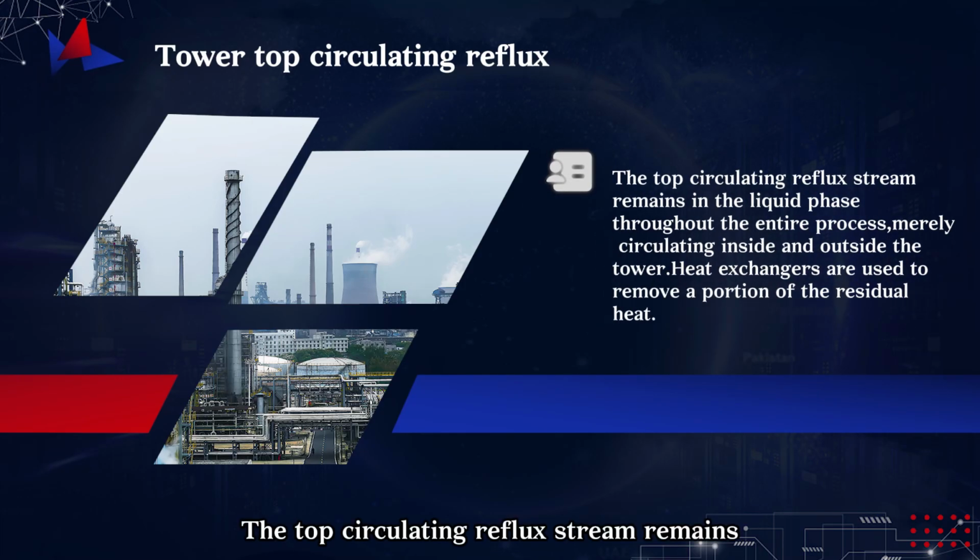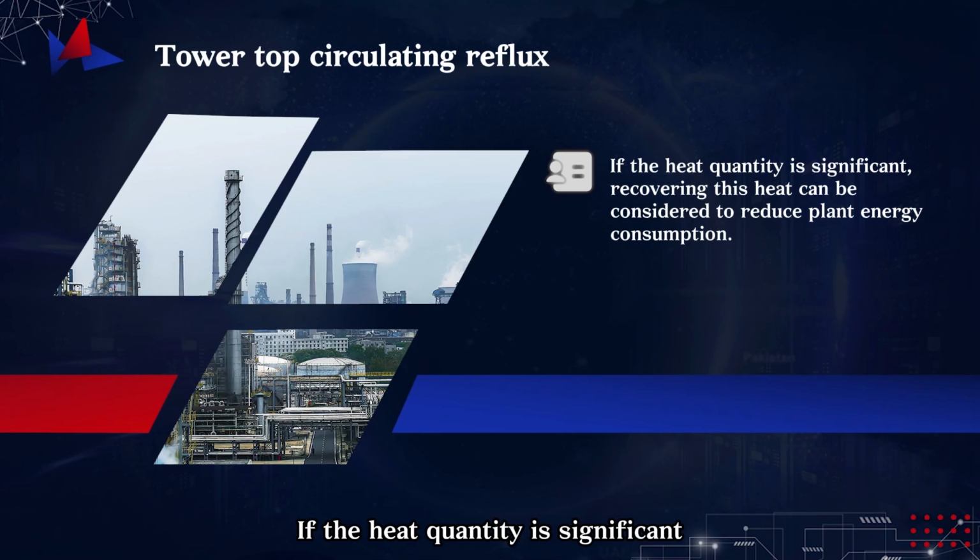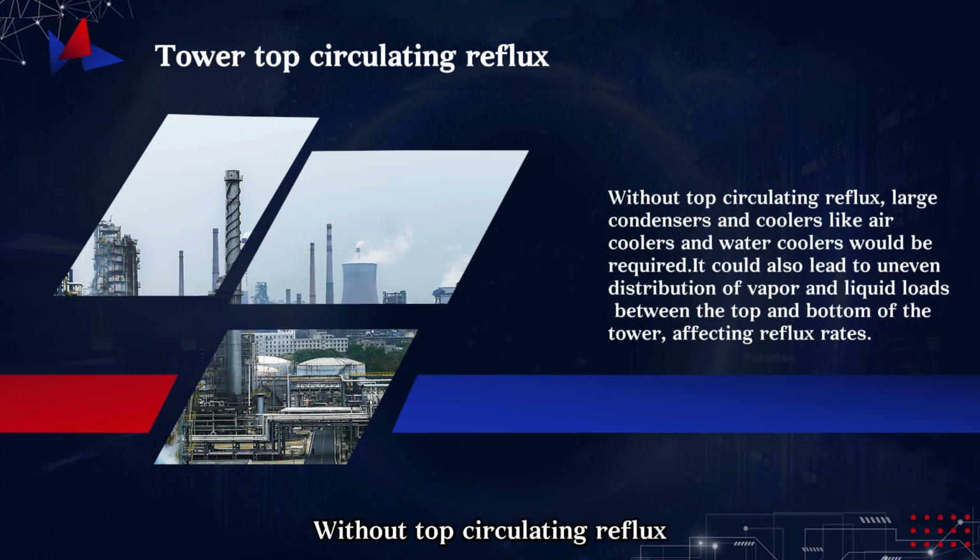The top circulating reflux stream remains in the liquid phase throughout the entire process, merely circulating inside and outside the tower. Heat exchangers are used to remove a portion of the residual heat. If the heat quantity is significant, recovering this heat can be considered to reduce plant energy consumption. Without top circulating reflux, large condensers and coolers like air coolers and water coolers would be required.